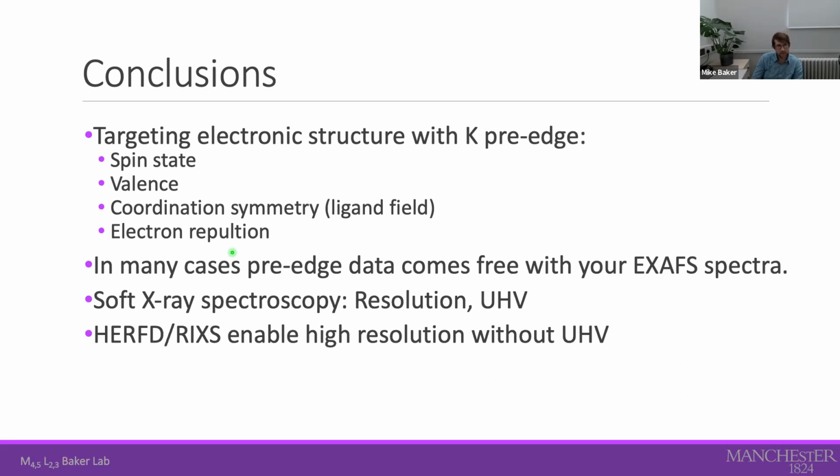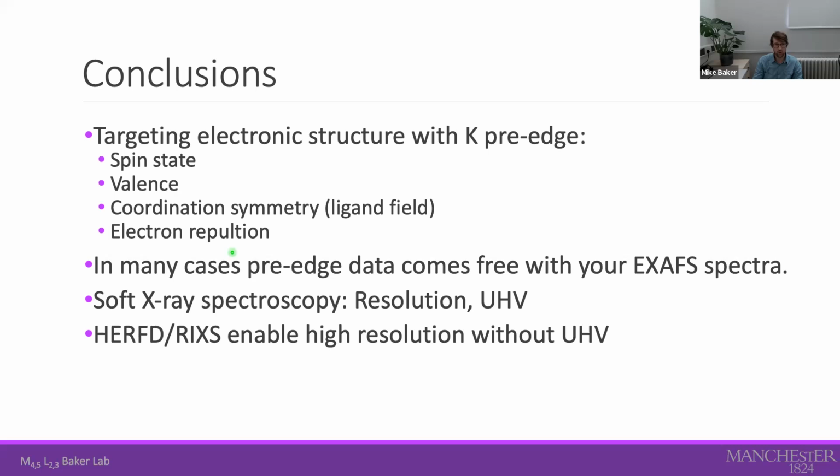And then I showed the L2-3 edge for transition metal ions, where you get this improved energy resolution, a more complex spectrum due to the interaction between the 2p and 3D shells, and the requirement of an ultra-high vacuum.